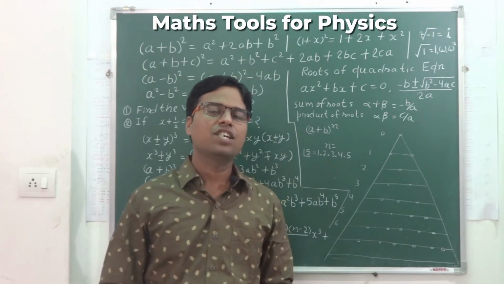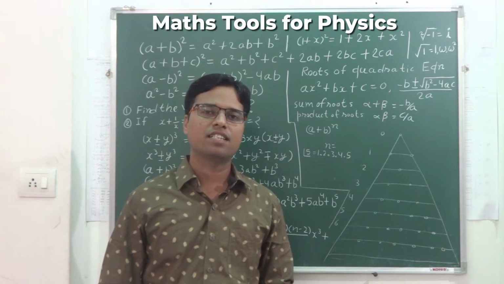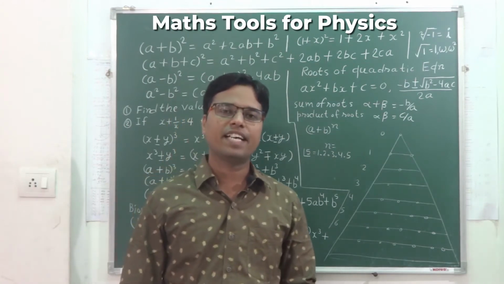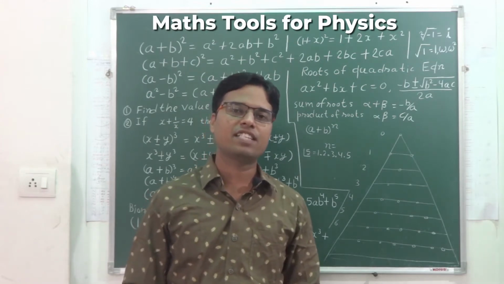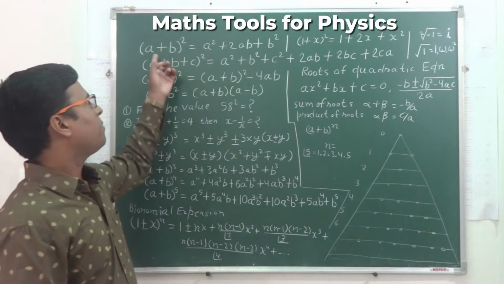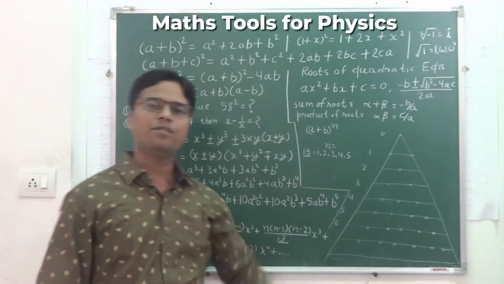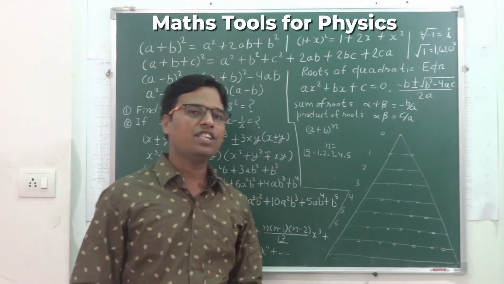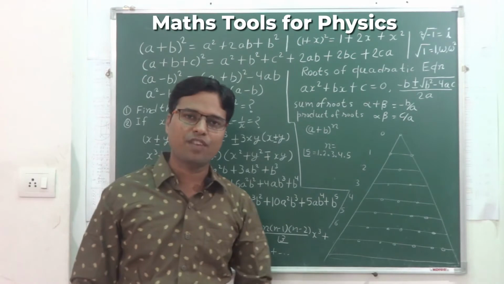In today's class, we will read about some binomial expansions. In previous classes, you have read about the binomial expansion, the quadratic expression like (a + b)^2. Its expansion you very well know is a^2 + 2ab + b^2.